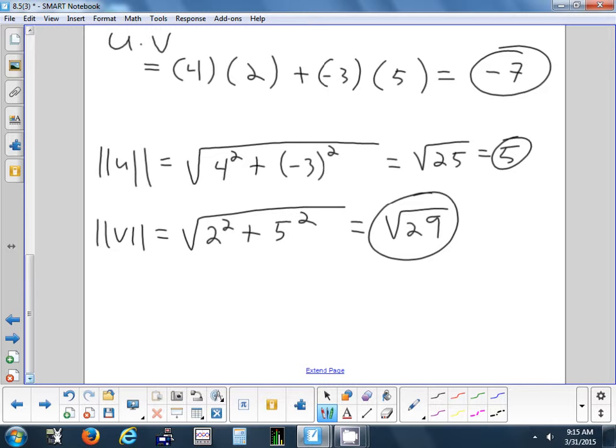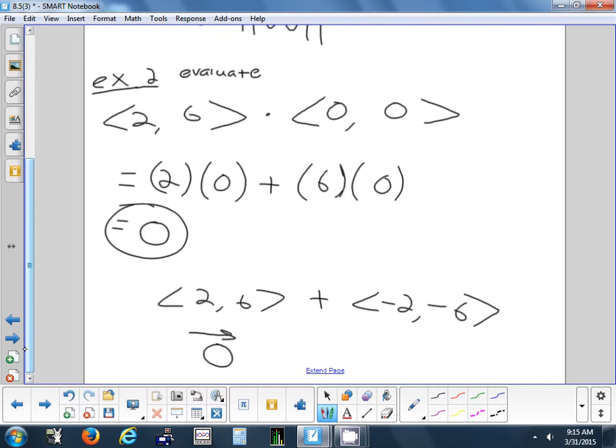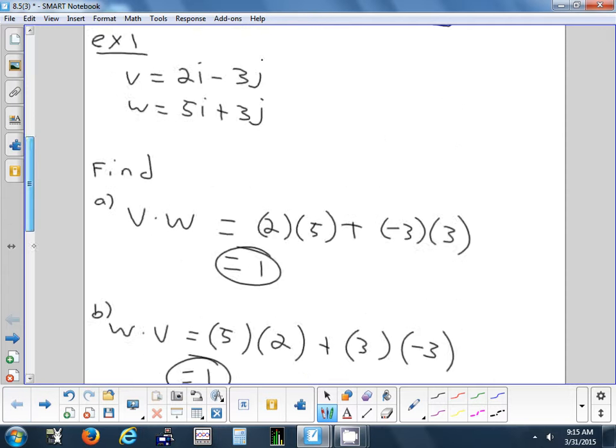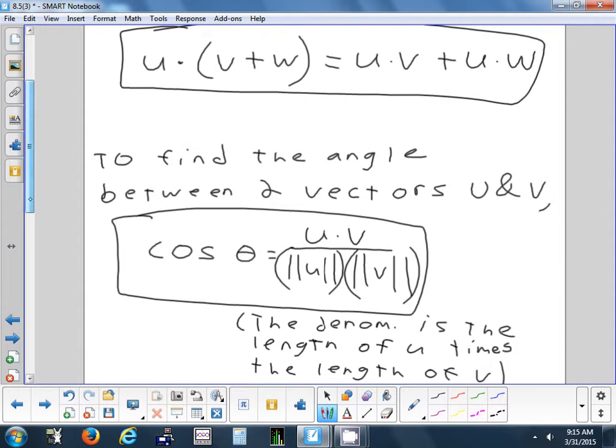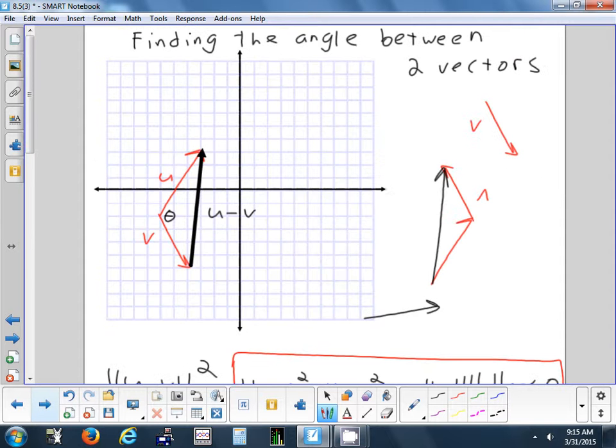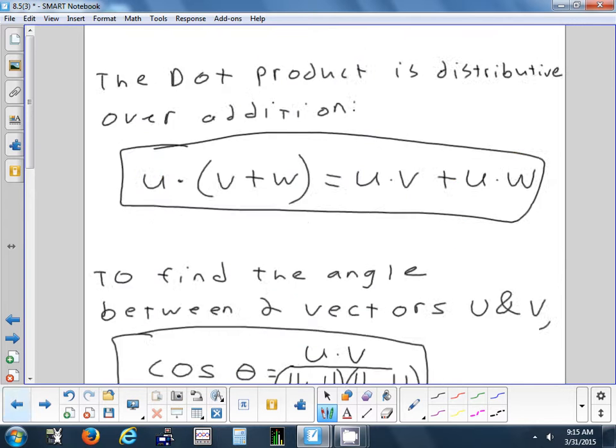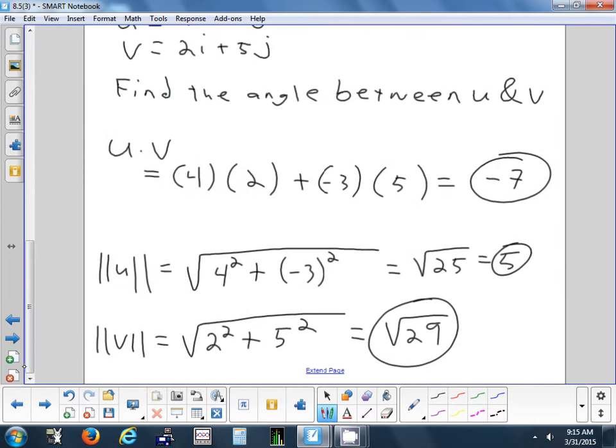Now plug everything into the formula we just had. Where was it? Right there. The cosine of your angle is the dot product over the product of the magnitudes. There it is.